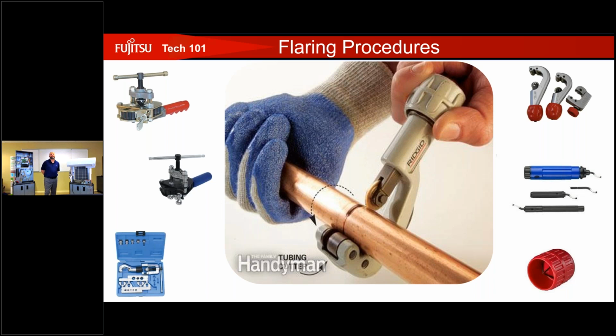We don't want to see any dents, any chips, chew marks. I don't know if you guys get hungry with these things sometimes, but we want to make sure that the wheel is nice and clean, clear of any burrs or anything along those lines, so we can create a nice clean cut.